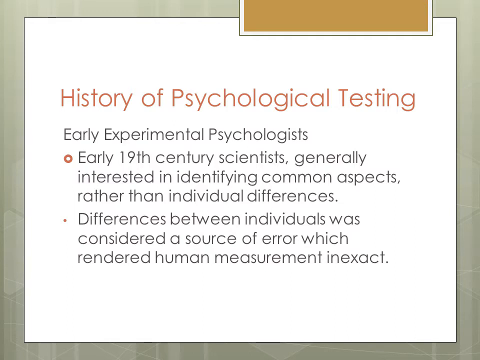Differences between individuals were considered a source of error, which rendered human measurement inexact. Like I mentioned a while ago, if an individual back then had different qualities, it was considered an error because they focused more on what is common. So again, in the early 19th century they focused on the commonness of individuals.